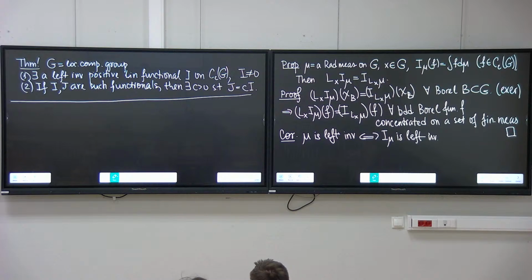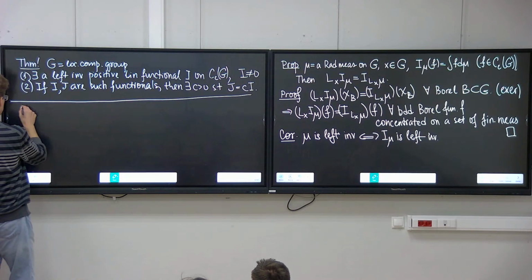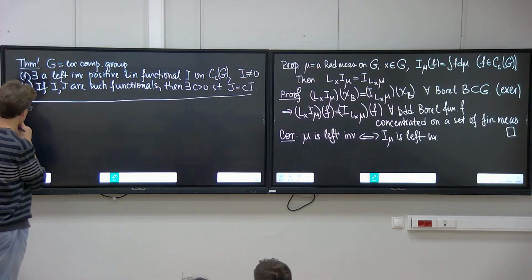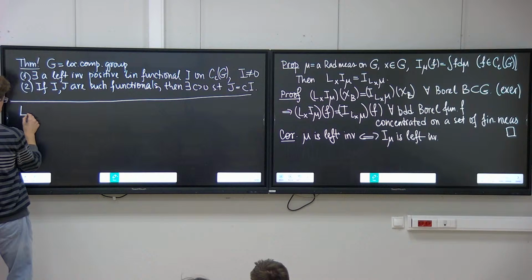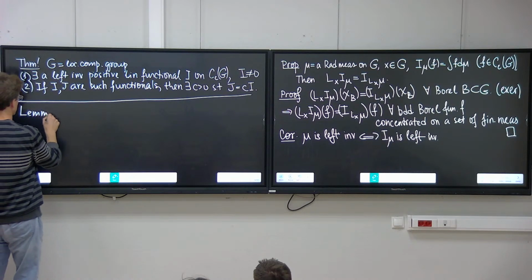So today we discuss the existence of such a functional, and again let's first start with a rough idea. Well, first of all, not a rough idea, but we need a simple lemma, lemma number one.